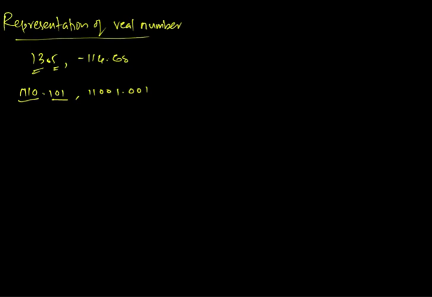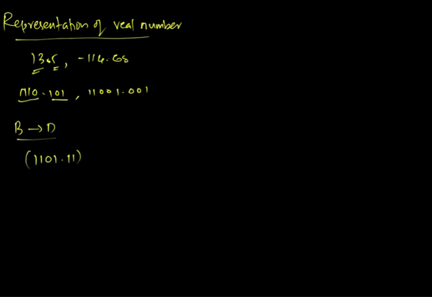Now we have to discuss how we can convert a binary real number into a decimal number and a decimal real number into a binary number. First of all, we will consider the binary to decimal conversion. For that, consider a binary number 110.111.